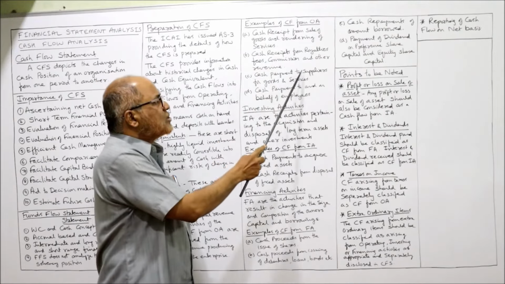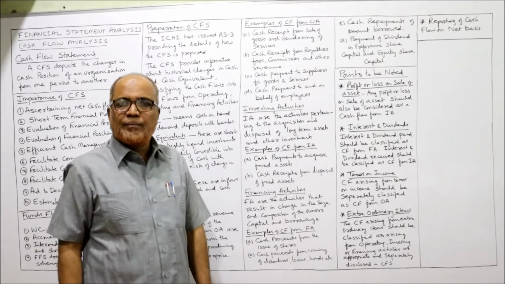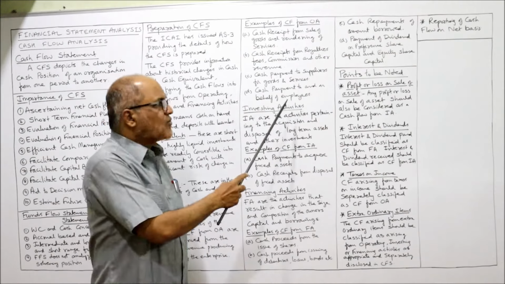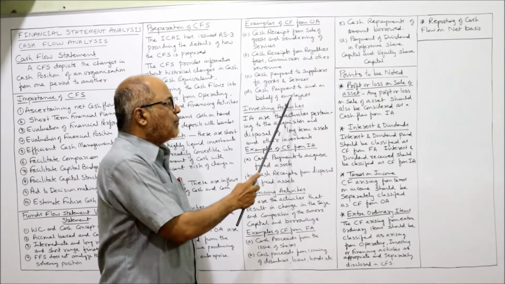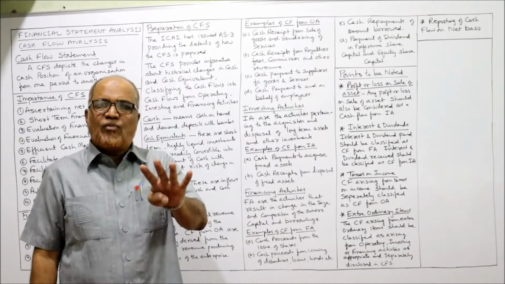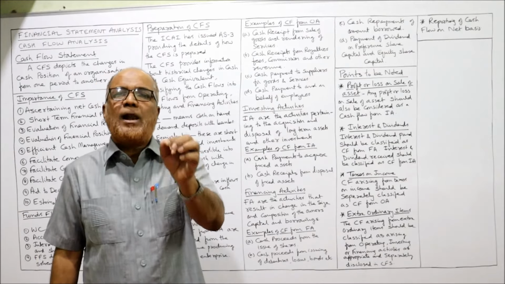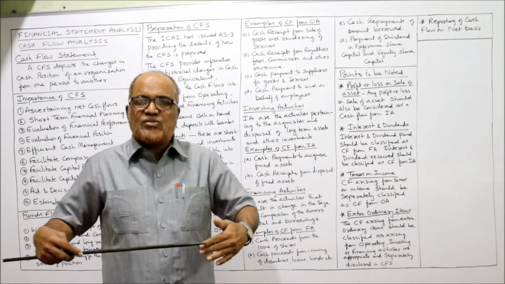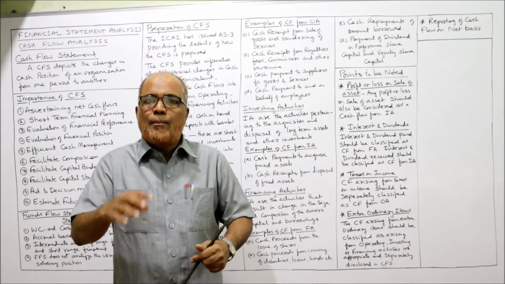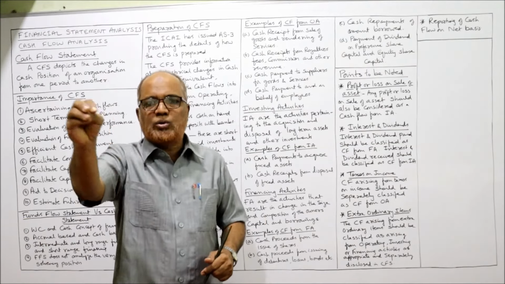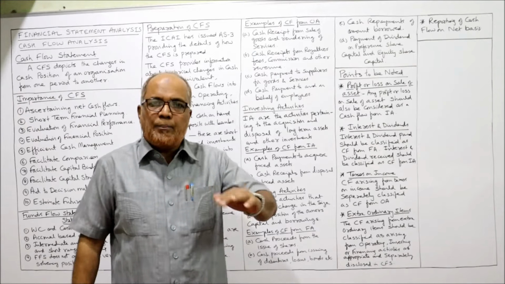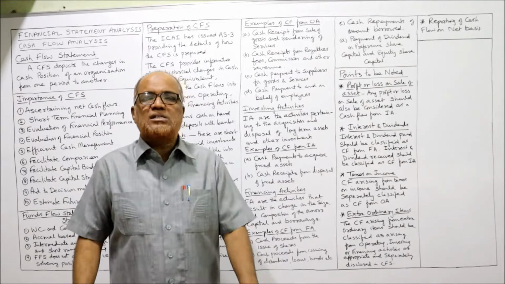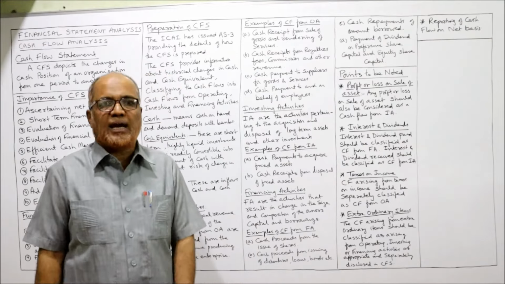So cash payment to suppliers of goods and services is a cash flow. Then cash payment on behalf of employees. These four I have given just as examples of cash flows from operating activity. That means the receipts from sale of goods or rendering of services, payment to the suppliers of goods, and payment of salary and remuneration to the employees. All these things are cash flow from operating activity.